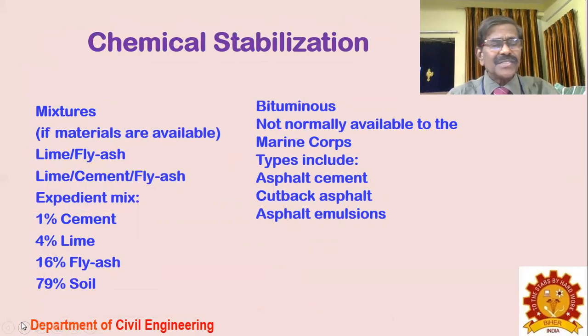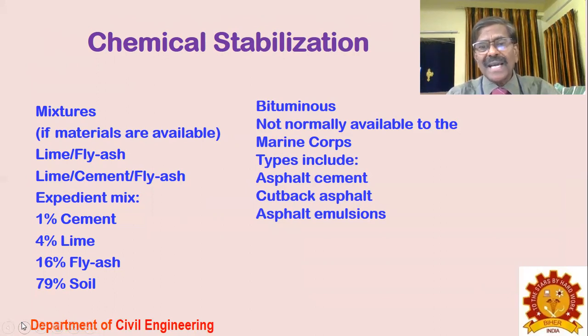Under chemical stabilization, you can make use of mixtures or bituminous materials. Lime and fly ash, lime, cement, fly ash, then expedient mix: 1% cement, 4% lime, 16% fly ash, and 79% soil. Then the bituminous mix, not normally available to the Marine Corps.